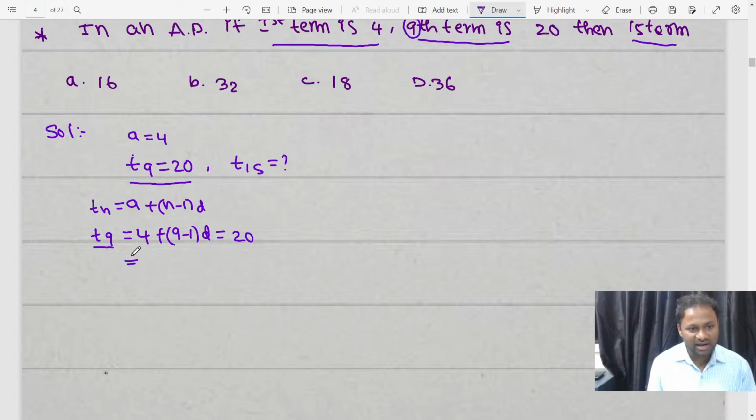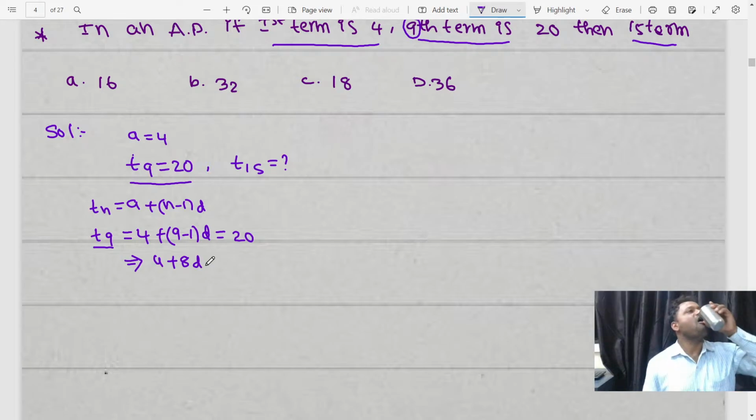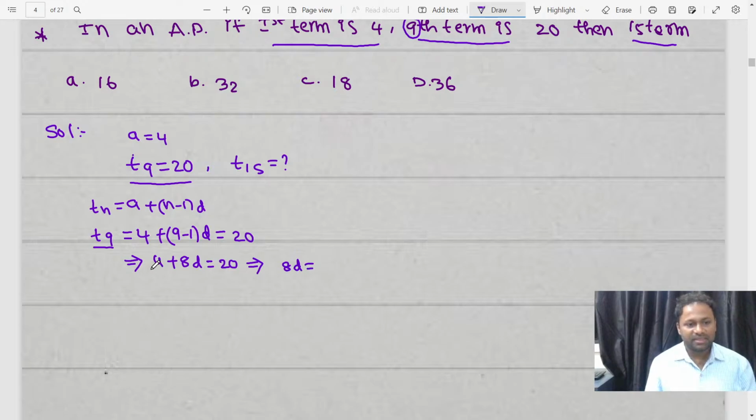From this, I will write like this: 4 plus 9 minus 1, 8d, is equal to 20. From this we can write 8d is equal to 20 minus 4, the plus 4 will become minus 4.